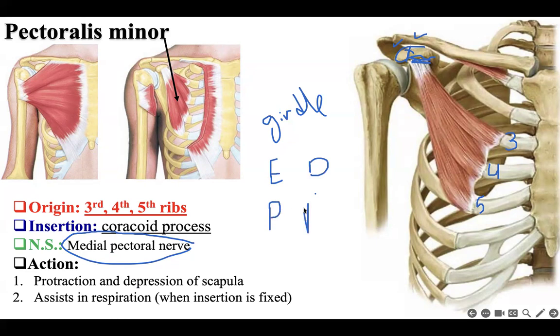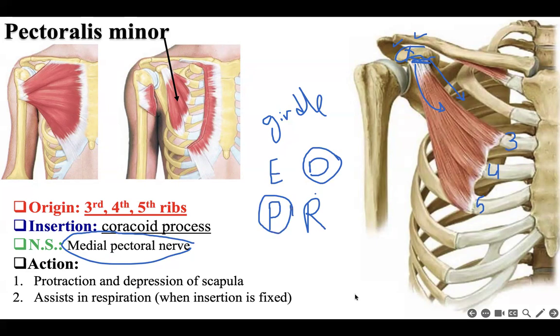Protraction, and the opposite is retraction. So this muscle moves the insertion toward the origin. Depression or elevation? It will be depression. Protraction or retraction? Protraction. So this is the action of the pectoralis minor.